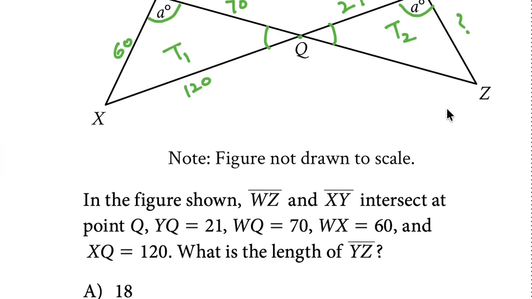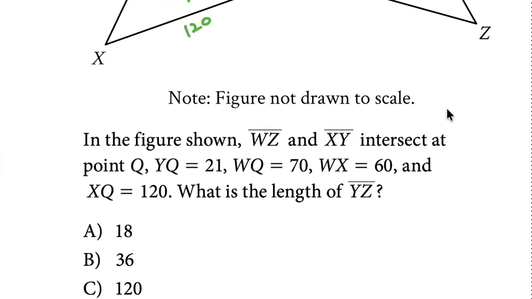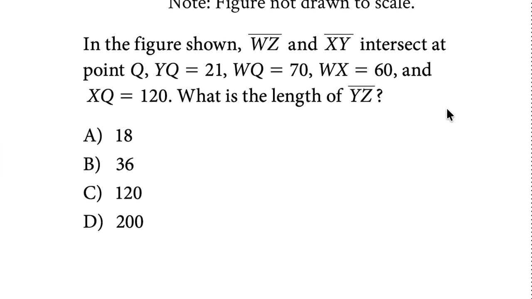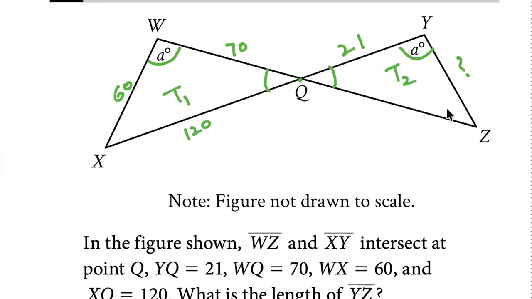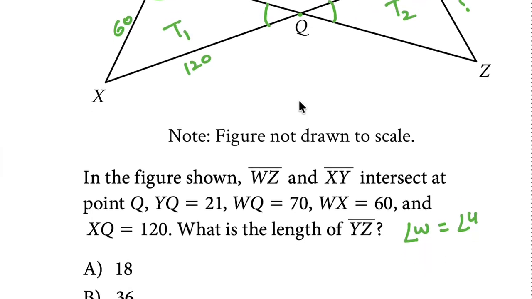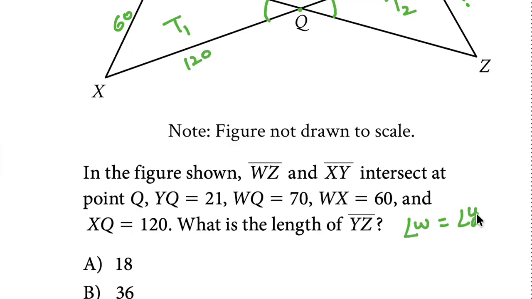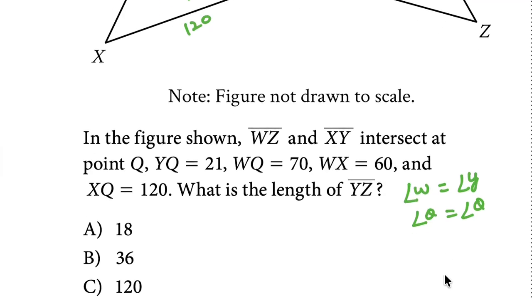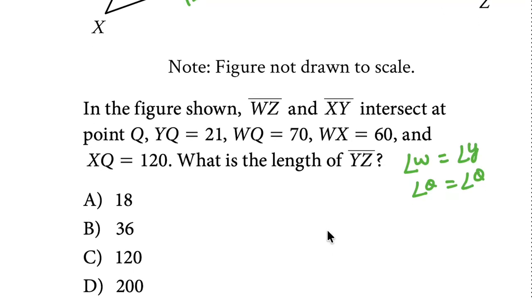Now, first I have to find which method I have to use, right? Because angle W is equal to angle Y, and angle Q is equal to angle Q. So now I can apply the AA similarity. And how to write it?